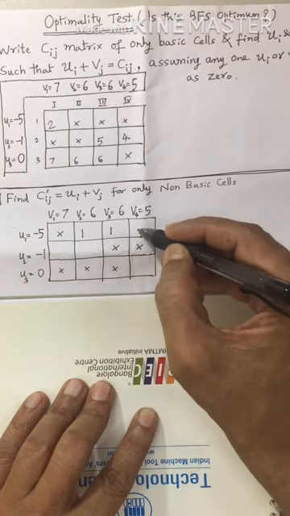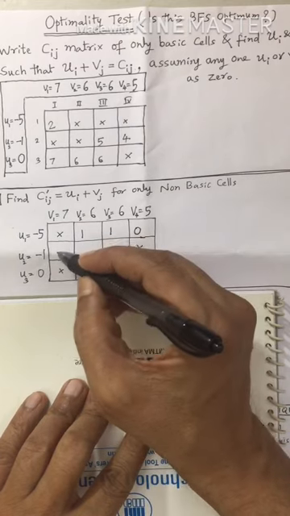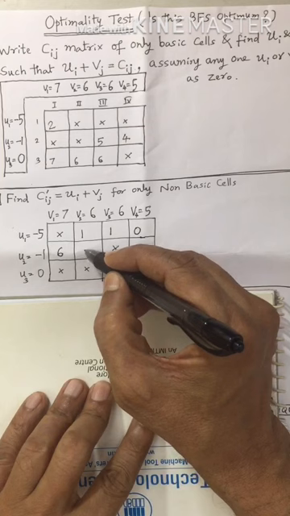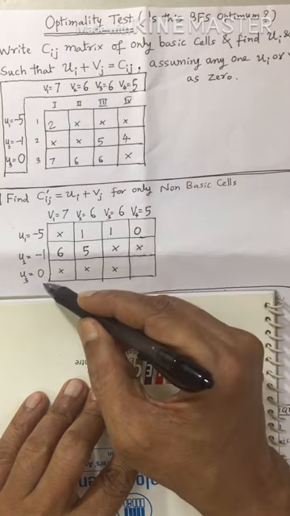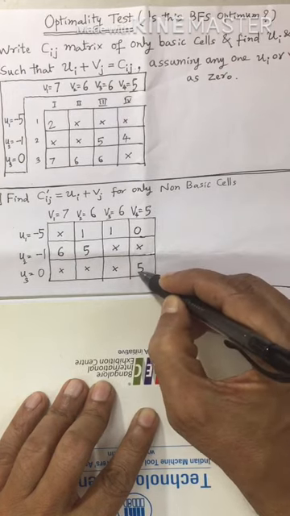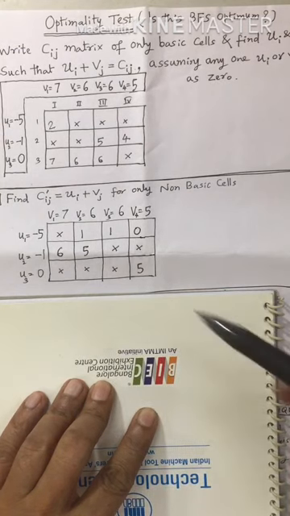Minus 5 plus 5, this is equal to 0. Then minus 1 plus 7, this is 6. Minus 1 plus 6, this is 5. The last one, 0 plus 5, this is 5. So these are the values which I call Cij dash.